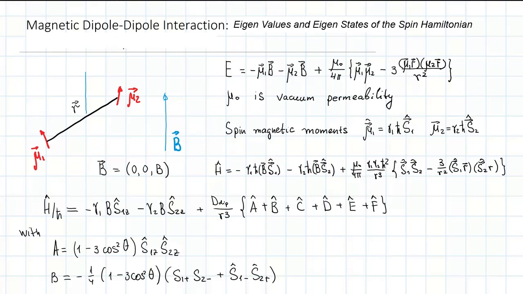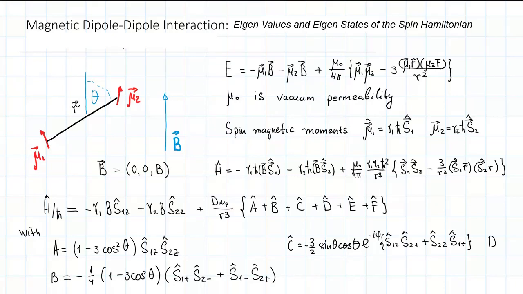Just to remind, the angle theta is the angle between the distance vector r and the magnetic field B as shown in the figure.